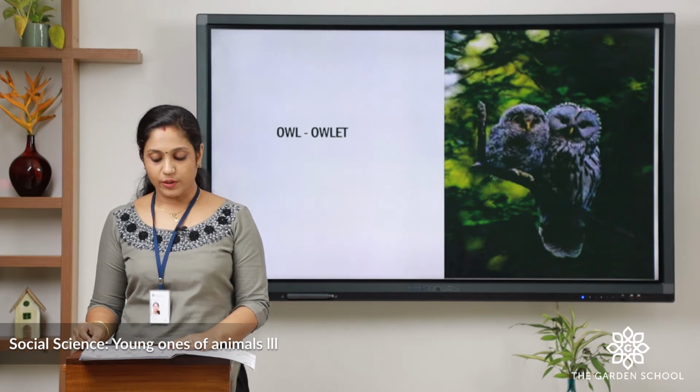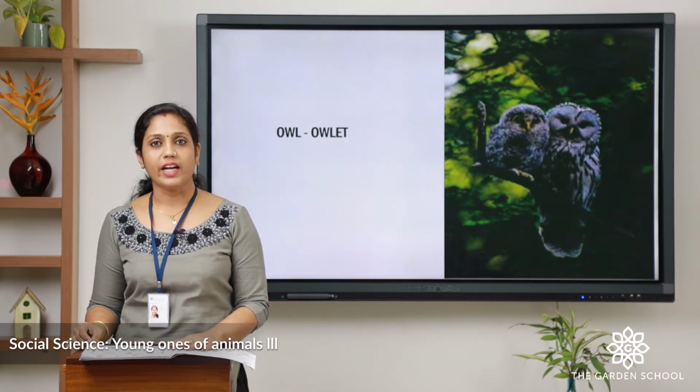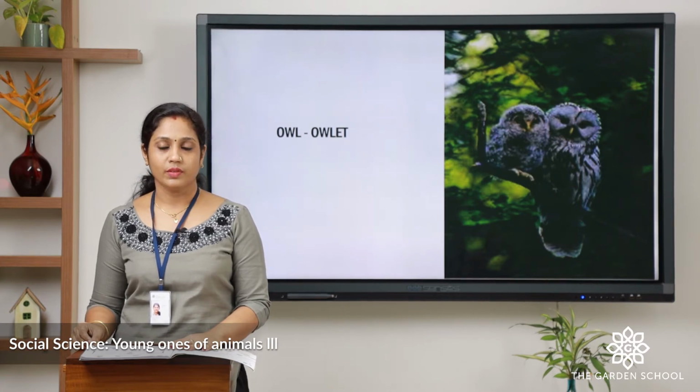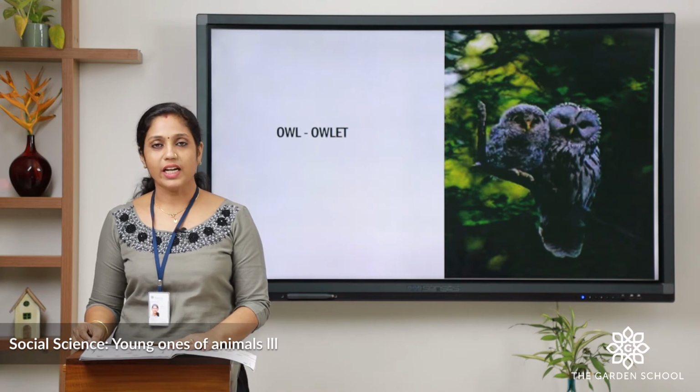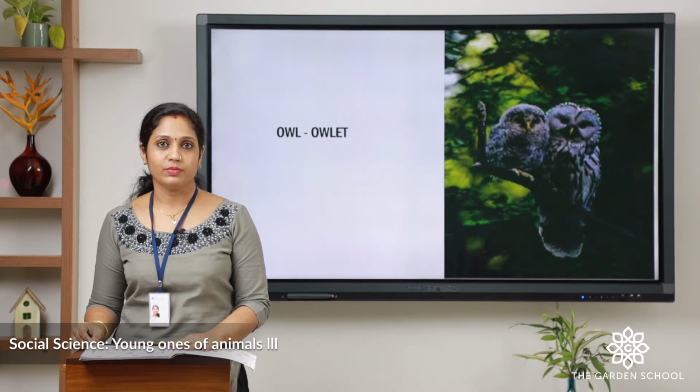In the next picture, you can see a girl riding a cycle. Are you able to do? If yes, you can put a tick or else just cross over there. And in the third picture, you can see a child eating food. Are you able to eat food on your own or your mother feeds you? Now put a tick if you are able to do on your own and cross if you are not doing it on your own.